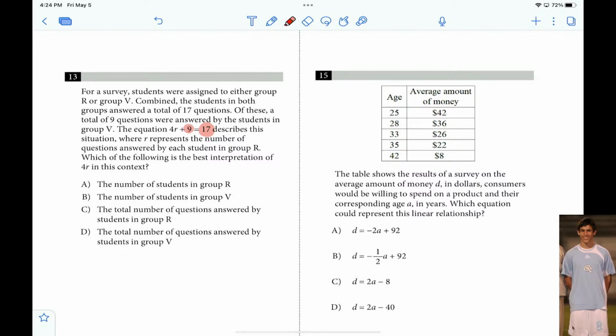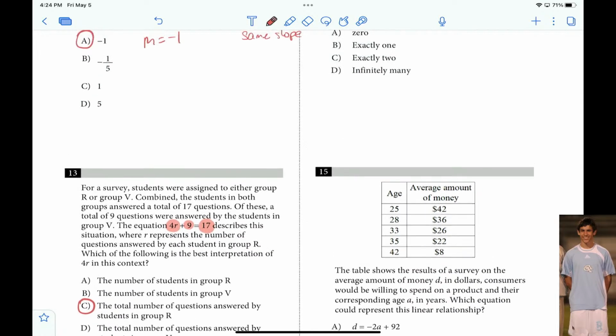The 9 represents the total number of questions, but for group V, because they told us that group V had 9. So the 4R also must represent a total number of questions. And since it has R in it, the logical thing would probably be to say that's the total number of questions that group R would answer. And if we look at the choices, C says the total number of questions answered by students in group R. Boom. So thinking about units with those.